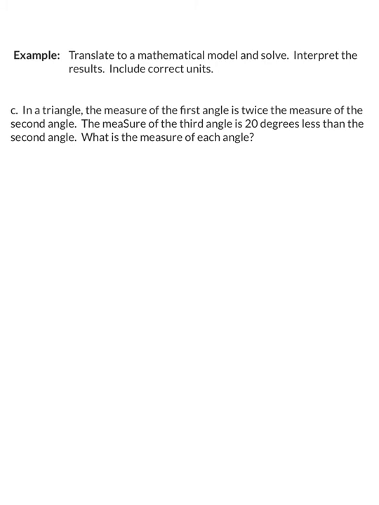And in order to solve a problem having 3 unknowns, we are going to have to use the substitution method on this one. So we have, in a triangle, the measure of the first angle is twice the measure of the second, and the measure of the third angle is 20 degrees less than the second. We want to know what is the measure of each angle.